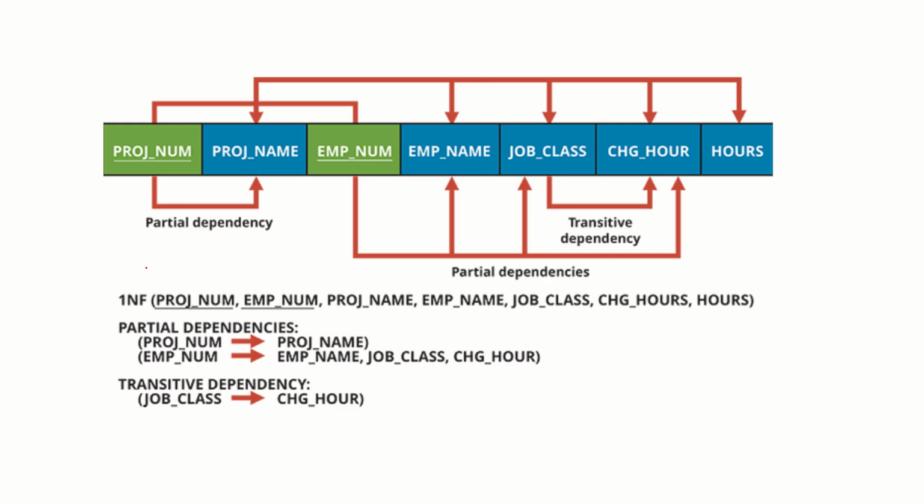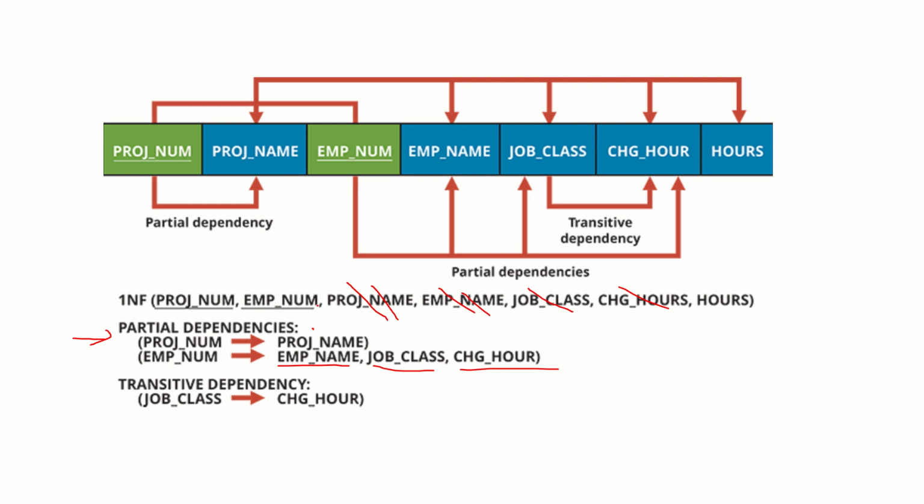So based on that, we can tell right now some of them already go to another dependency, right? So project's name, which is from the first normal form, gets taken out to this dependency. Employee name comes to here. Job classification comes to here. Charge hours come to here, right?